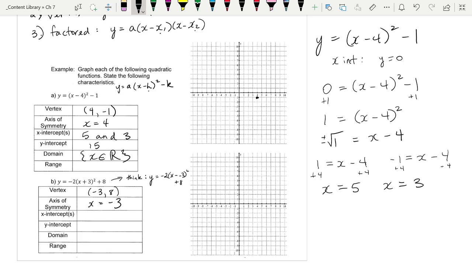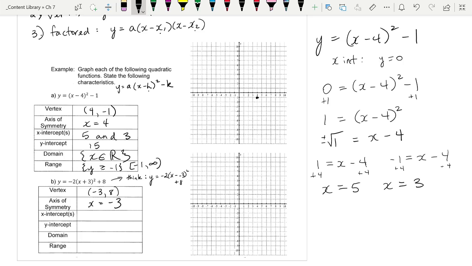And the a value here is a +1. So this thing is a smiley parabola. It goes up, which means my range is y is greater than or equal to -1. If you want to write that the other way, you can go from -1, comma, to infinity, round bracket.